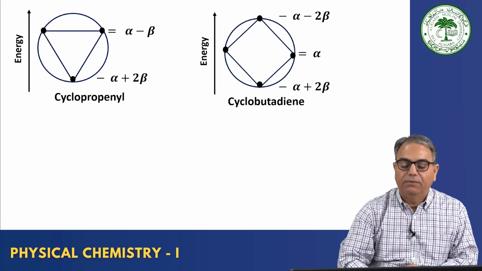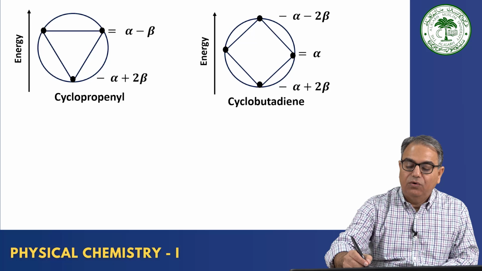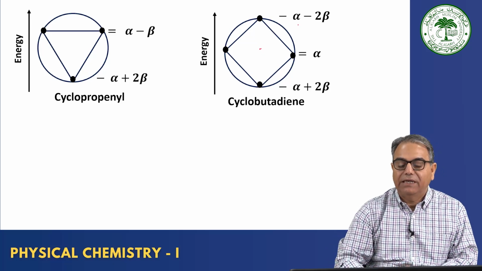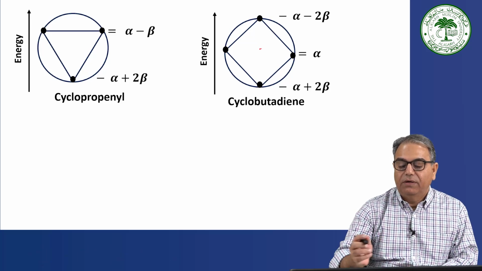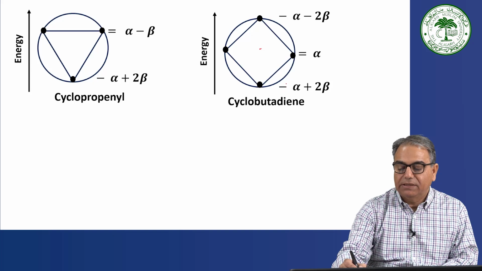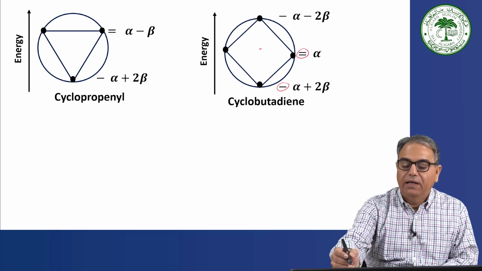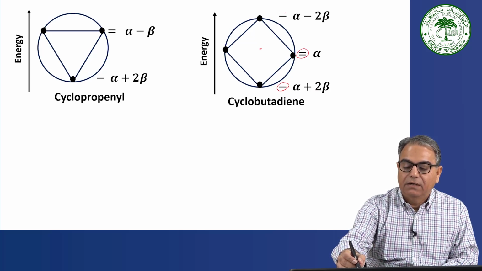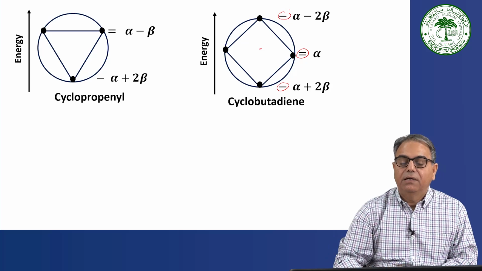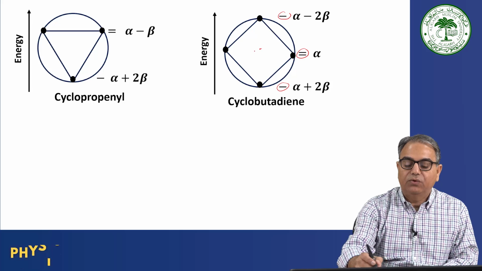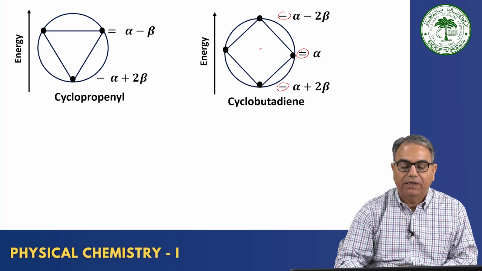So this is the cyclobutadiene system, and the circle has a diameter of 2 beta. This gives 1 orbital with energy alpha plus 2 beta, 2 orbitals of energy alpha, and then again 1 orbital of alpha minus 2 beta. Okay, so this talks about the degeneracy. These two have equal energy, so they are degenerate orbitals at the same energy level.